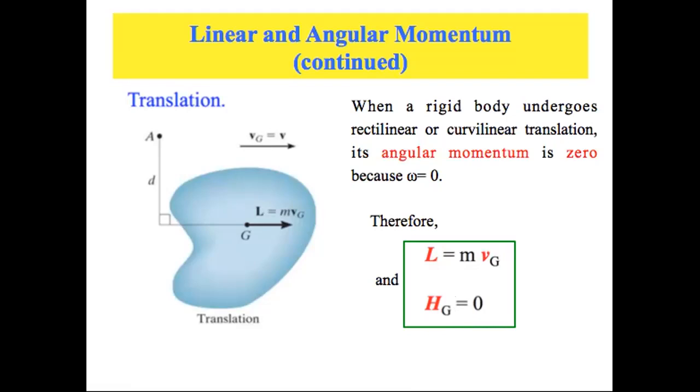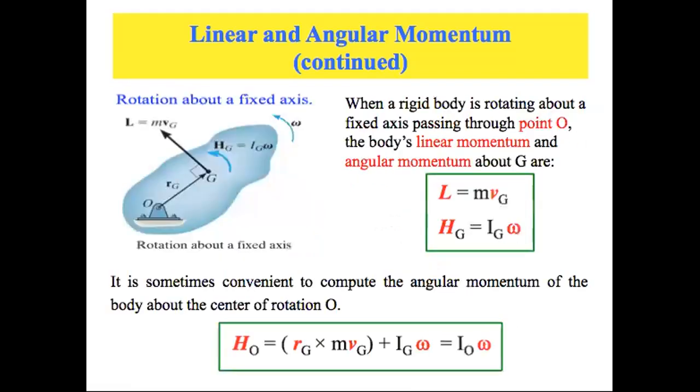Second, when a rigid body rotates about a fixed axis. Look at this figure. When a rigid body is rotating about a fixed axis through point O, the body has linear momentum and also angular momentum about point G, and we can write the linear and angular momentum about point G. But it's sometimes inconvenient to compute the angular momentum of the body about the center of rotation.